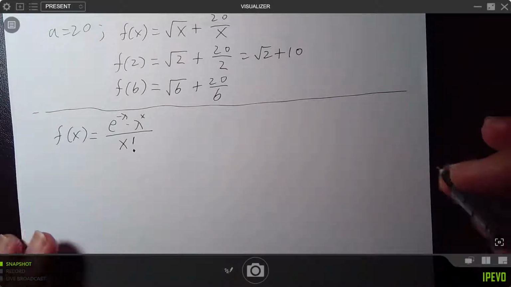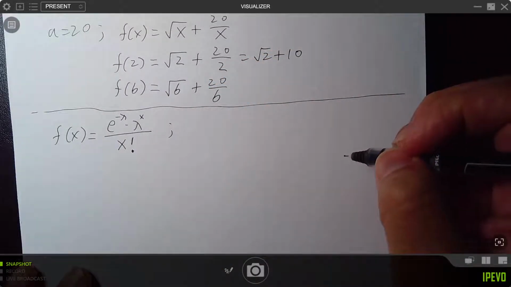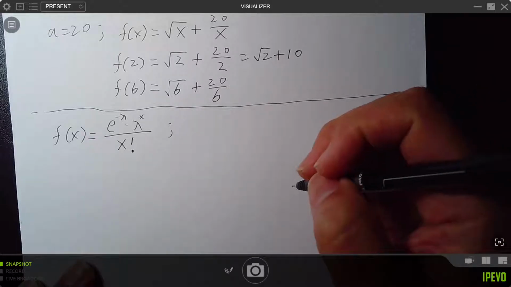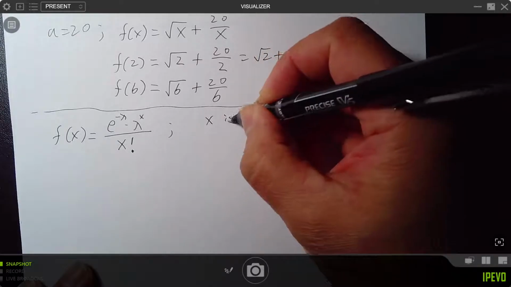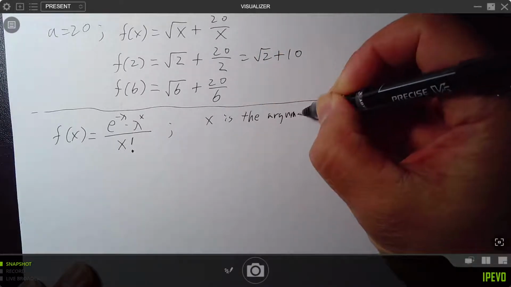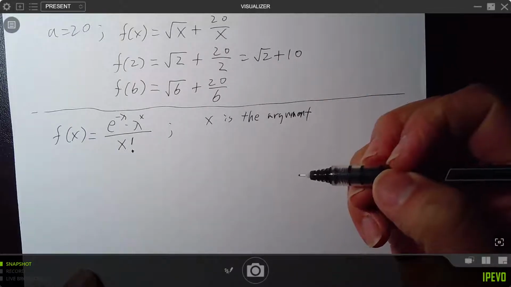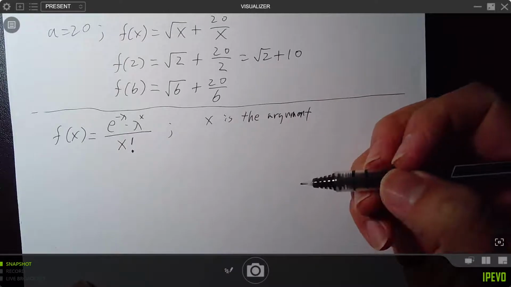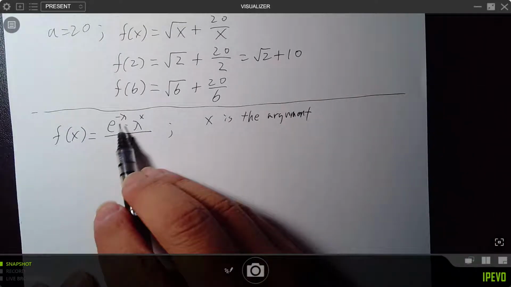First let's see what the argument is and what the parameter is. The argument is easy: the argument is just x. Then what is the parameter? The parameter is anything that is not set, that can still change. So I have two options here, the e and the lambda.